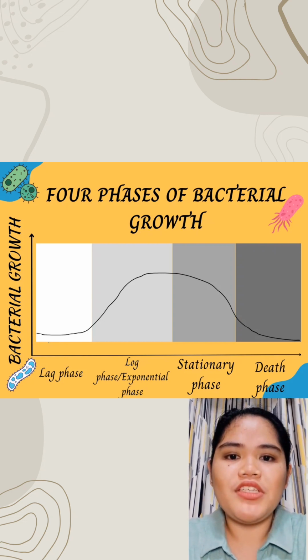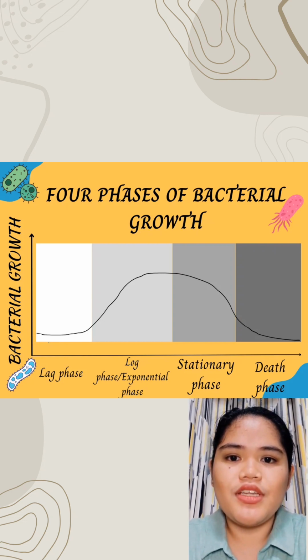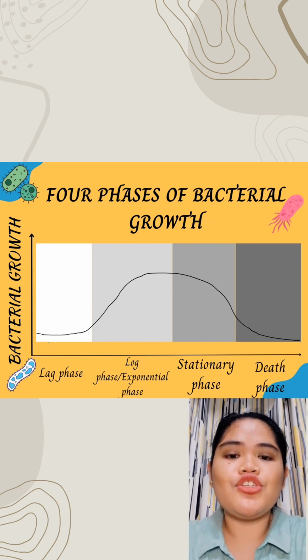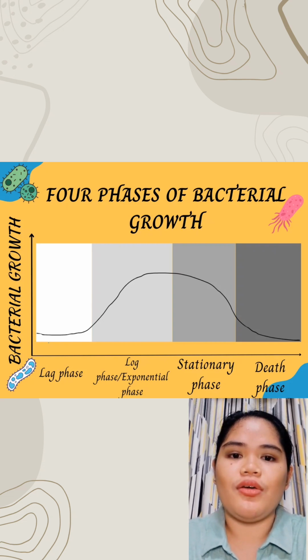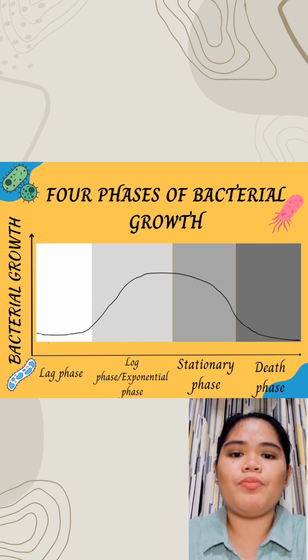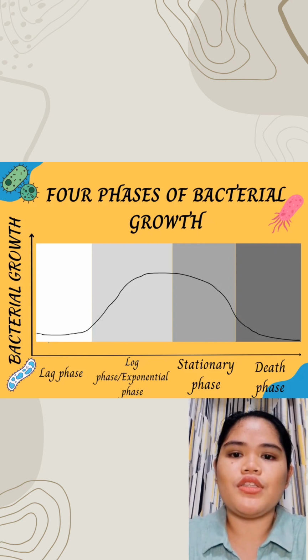In the log phase or exponential phase, the bacteria start growing because they get nutrients from the food that they're eating. Once the nutrients have already been absorbed by the bacteria, and once the bacteria feel that there's no food or nutrients that they can absorb, they start to settle, saving what is left, even if it's just a little or very tiny food, so they can last longer.